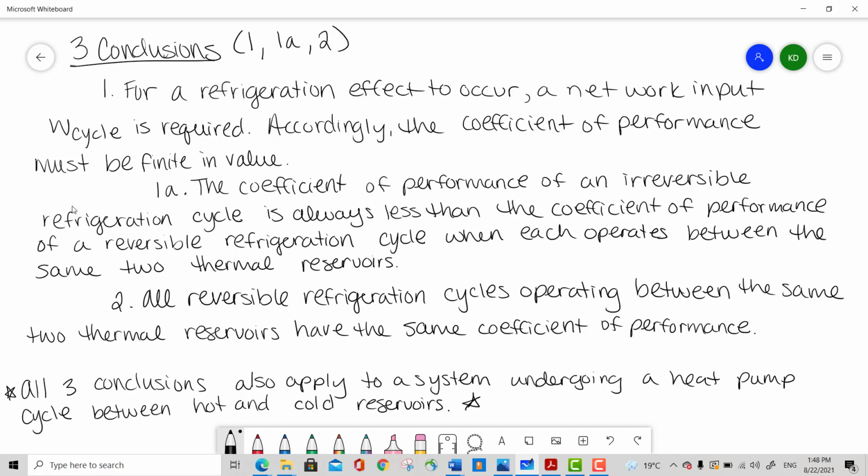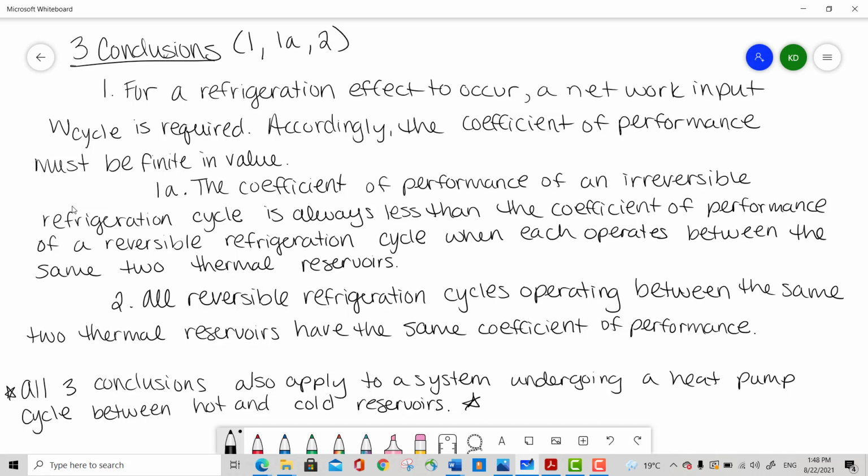And then 2, all reversible refrigeration cycles operating between the same two thermal reservoirs have the same coefficient of performance. So that is really important to note in this conclusion. And again, that makes complete sense because anything that's reversible is going to be the best that it's ever going to be.